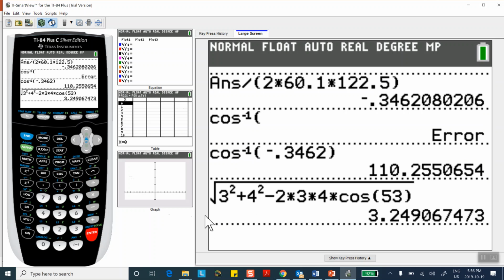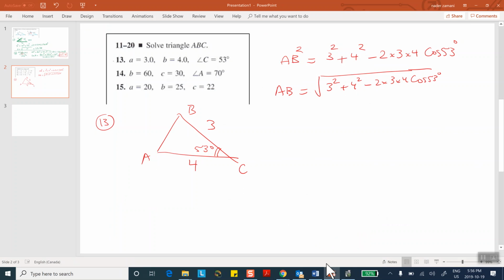If I round this to the second digit, it's going to be 3.25. So this is approximately 3.25.